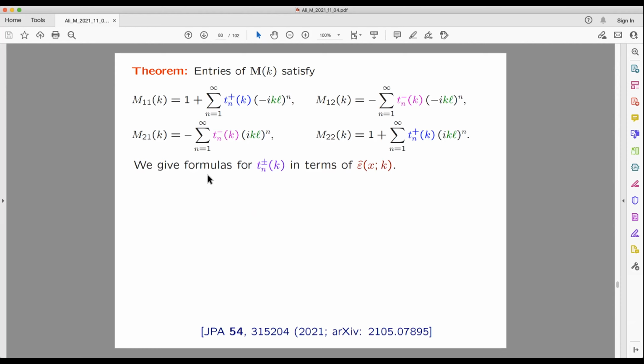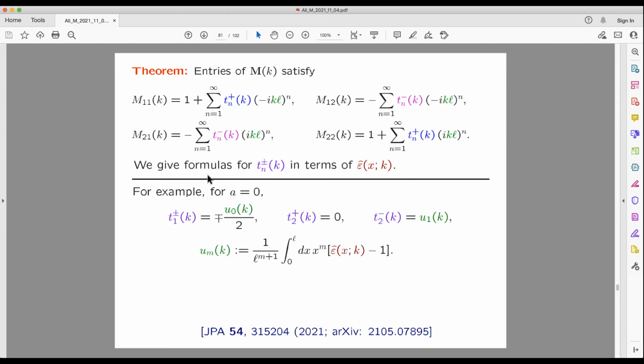Here you get formulas. For example, the first coefficients are given by these. This U0 is the integral of epsilon minus 1. These are moments of epsilon minus 1, the deviation of the permittivity from the vacuum value.